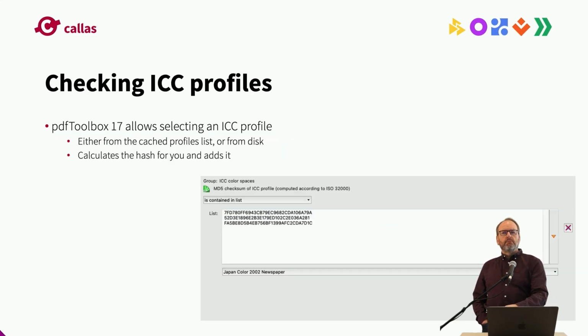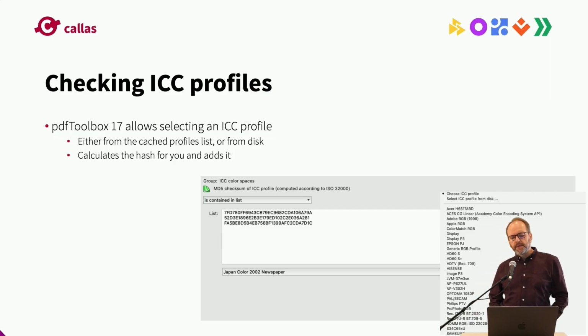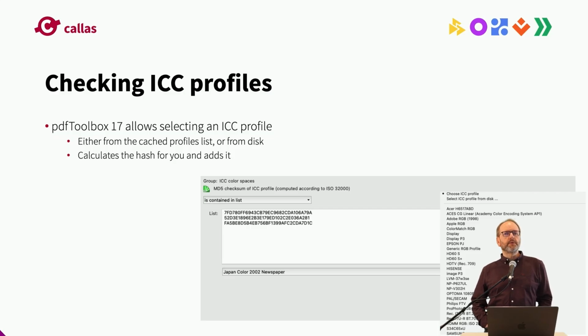And how do I get them in that edit field in this condition? In pdfToolbox 17, there's a very small change, and that is that when you are in that condition, so when you're building a pre-flight check with this, you can click on this pop-up menu, and that shows you a list of the ICC profiles that pdfToolbox knows about.